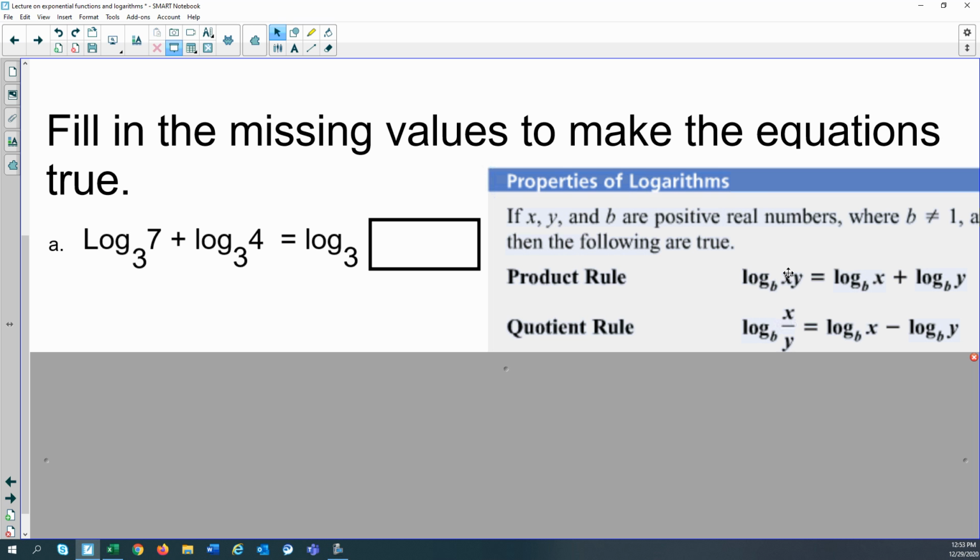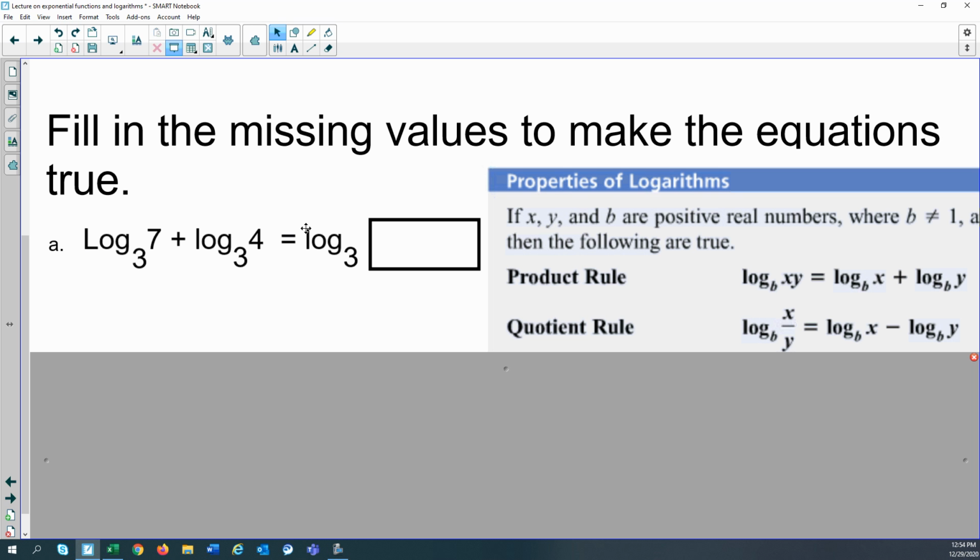So again, if we look at our properties, the product rule is what's going to allow us to take these two logs and condense them down into one. And when we condense it down, notice the x and the y are now being multiplied together.